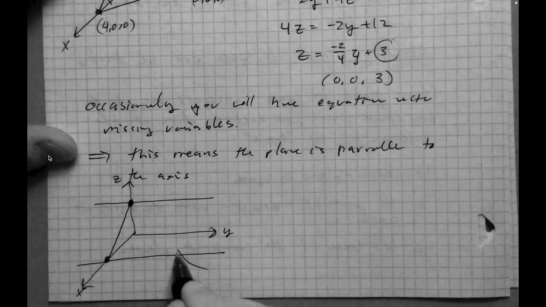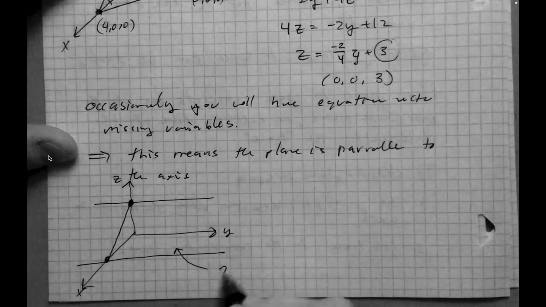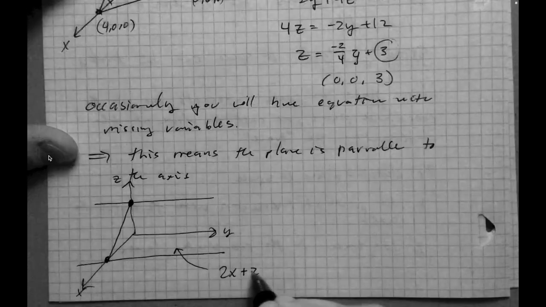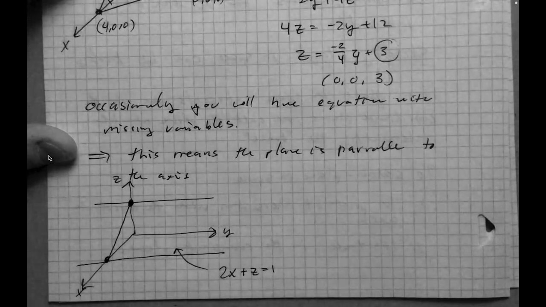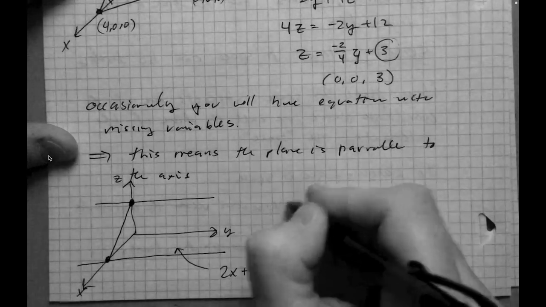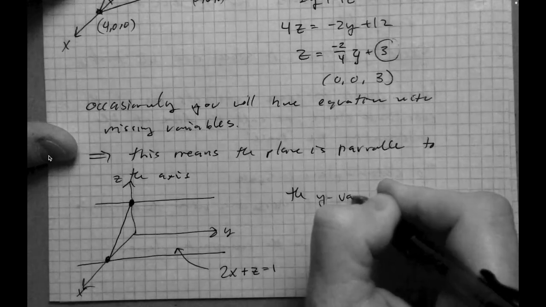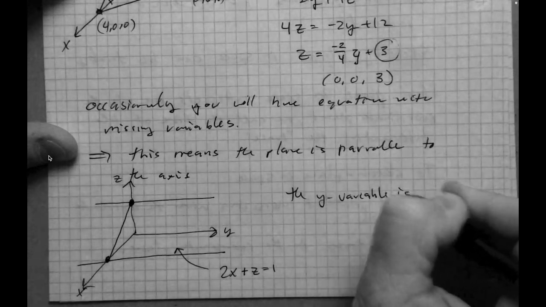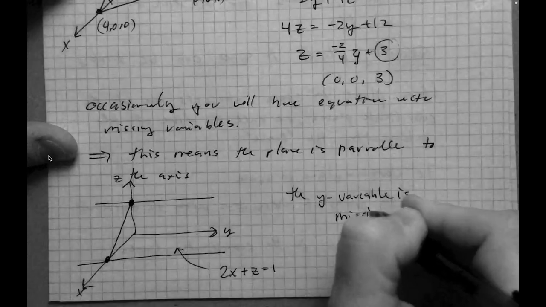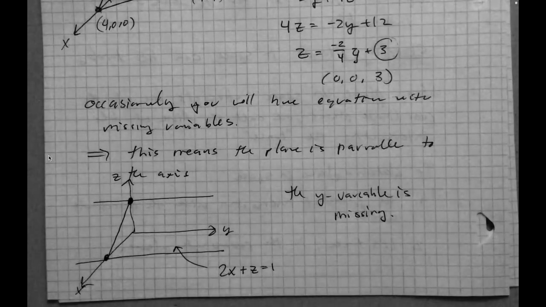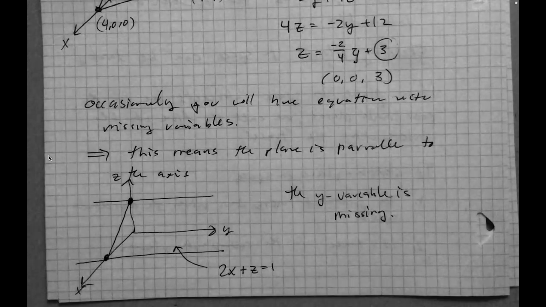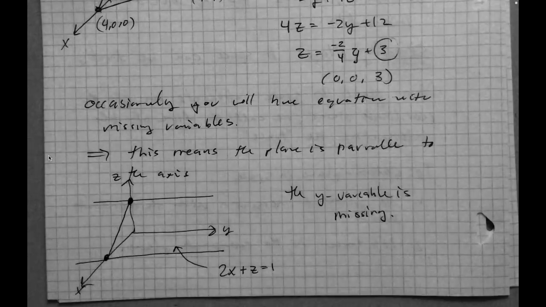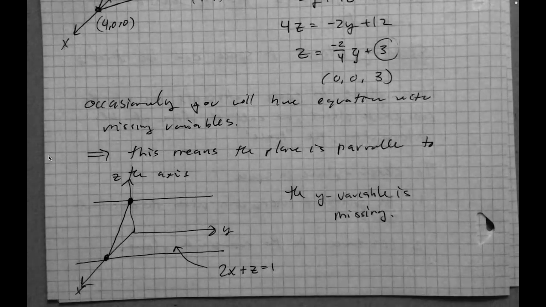This plane here could be represented as 2x plus z equals 1. So here the y variable is missing. What does that mean? Well, it means that the plane is parallel to the y-axis. It never crosses the y-axis. It's totally independent of the y-axis.